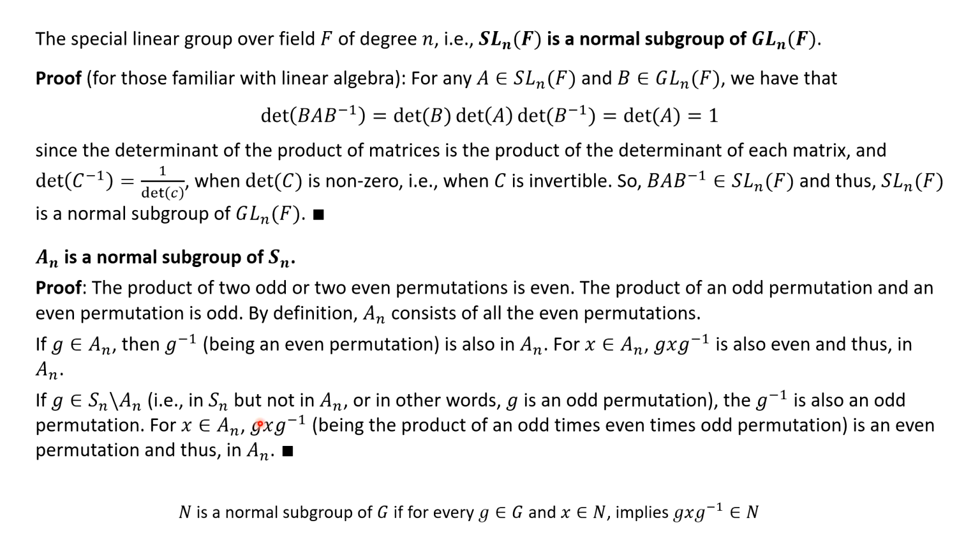You have the two odds, g and g inverse, which give you an even number, and then of course x is going to have an even number of transpositions. So the product is again even, and so the product of these three is in An, and we've shown that this product is in our normal subgroup, in which case that implies that we have a normal subgroup, since in both cases we've shown the product g x g inverse is in N.